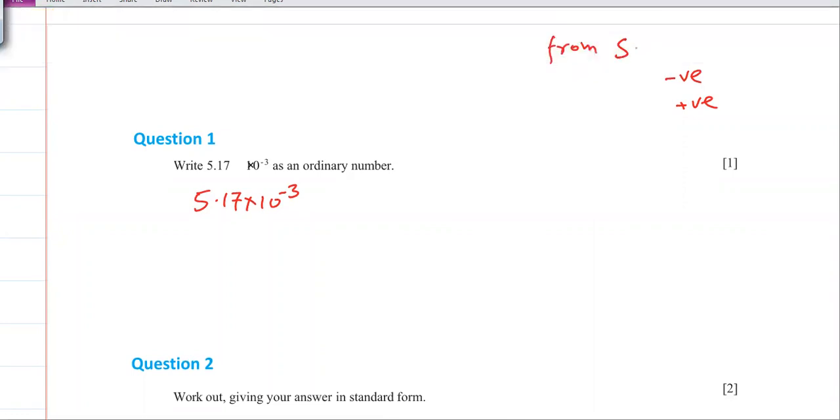So if the power of 10 is negative, then your decimal point will move to the left. And if the power of 10 is positive, then your decimal point will move to the right side.